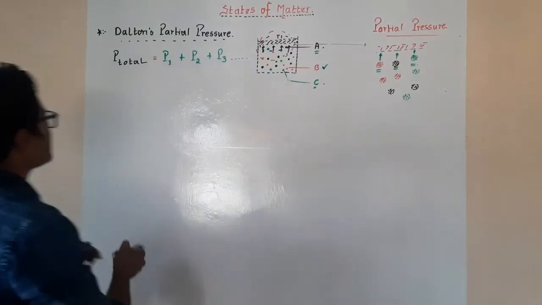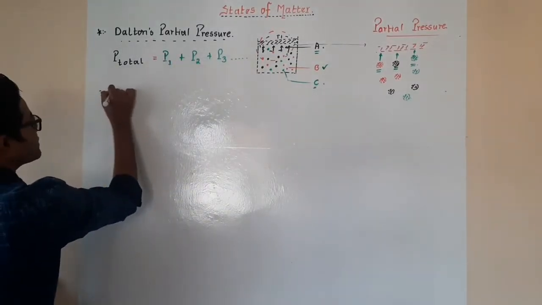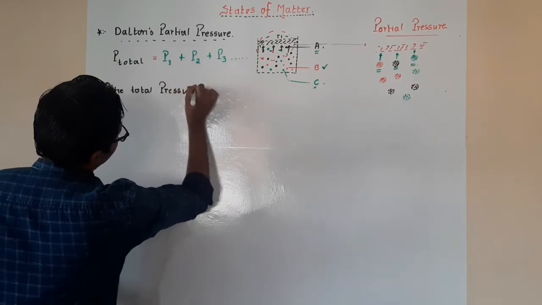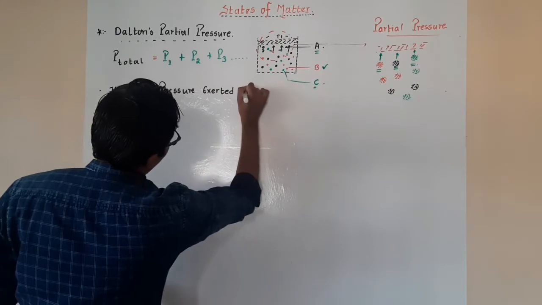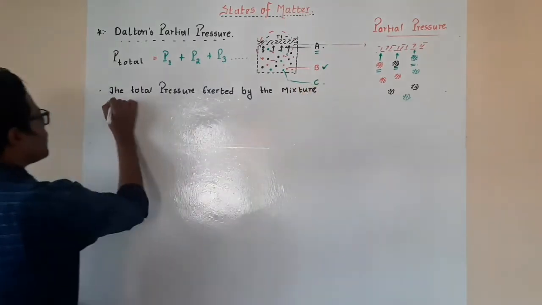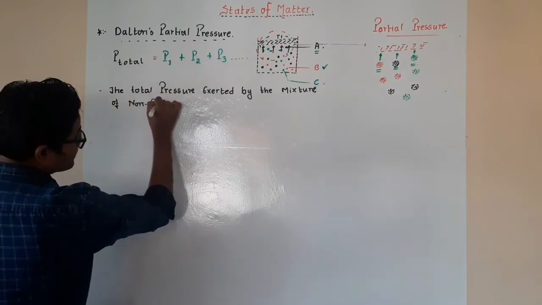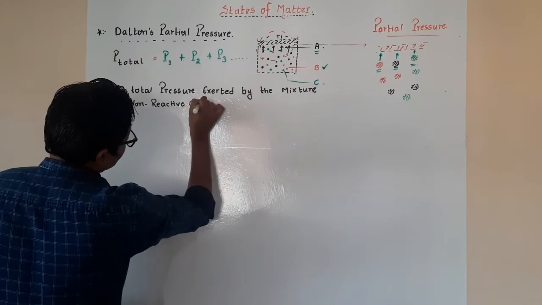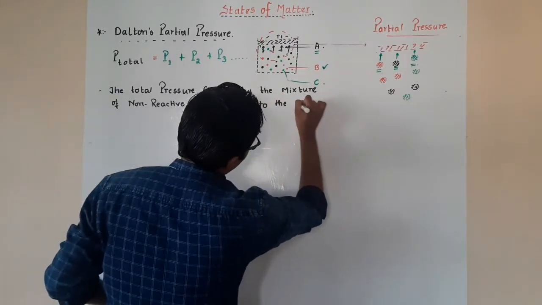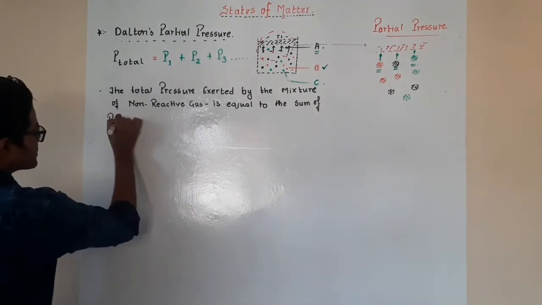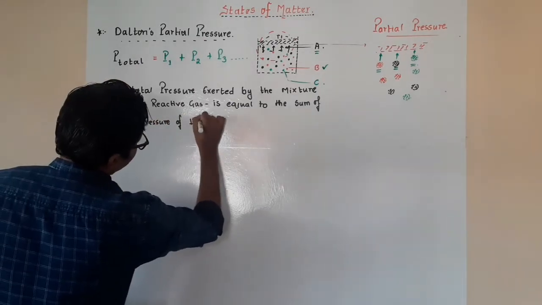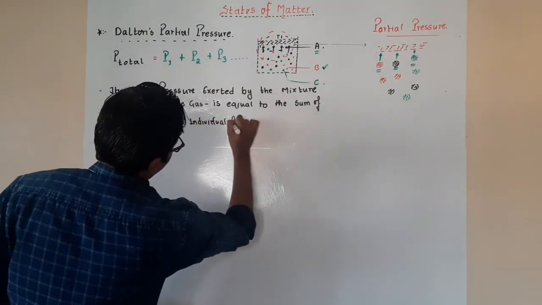Okay, now if we take it in the form of a statement, we are going to have it as: the total pressure exerted by the mixture of non-reactive gases is equal to the sum of partial pressures of individual gases.